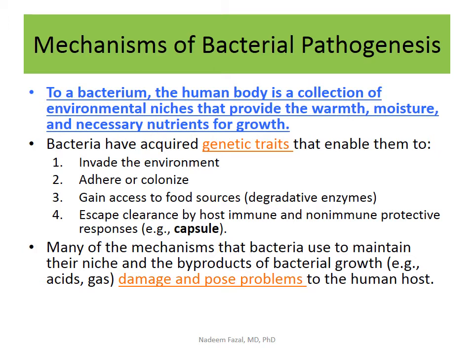So when these factors get out of control and they cause damage, we call them virulence factors. We call this bacteria virulent bacteria. We call this bacteria pathogenic bacteria, and so on and so forth.